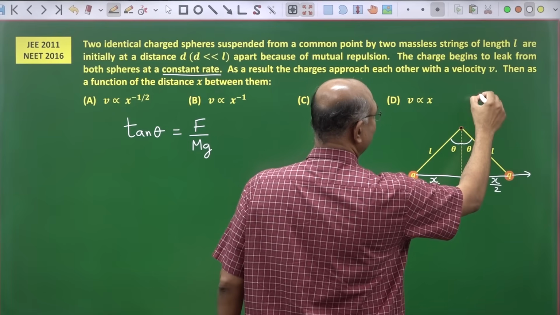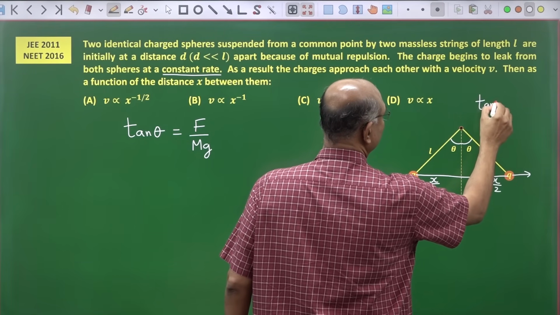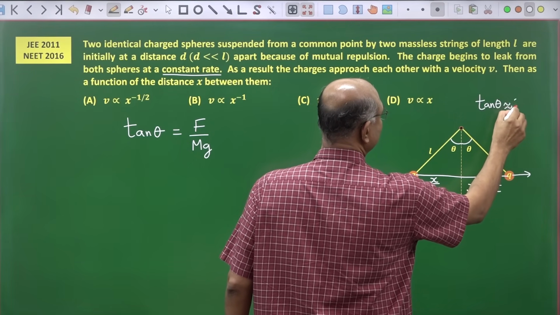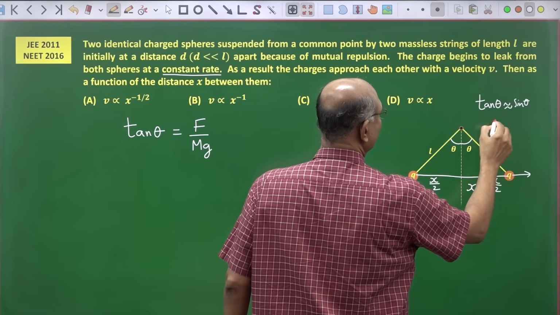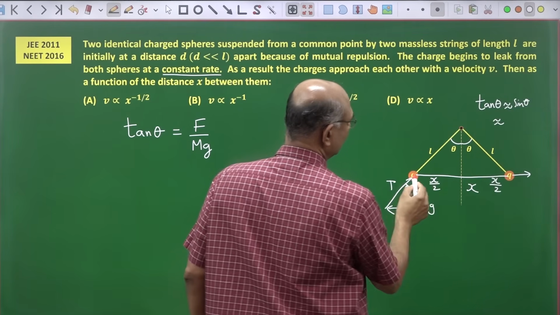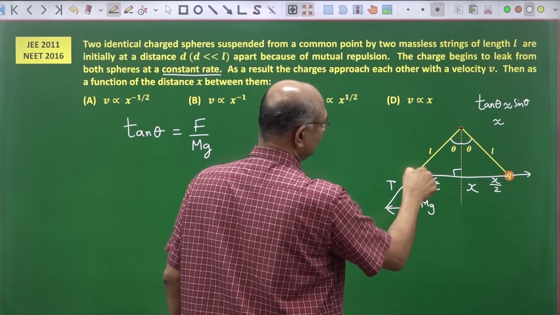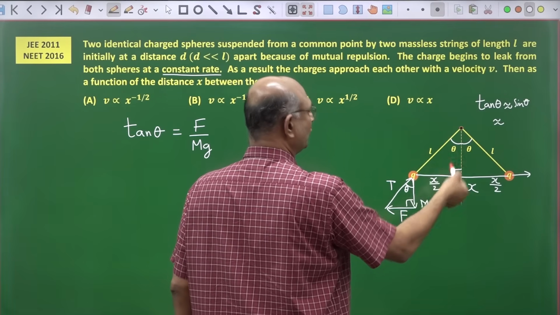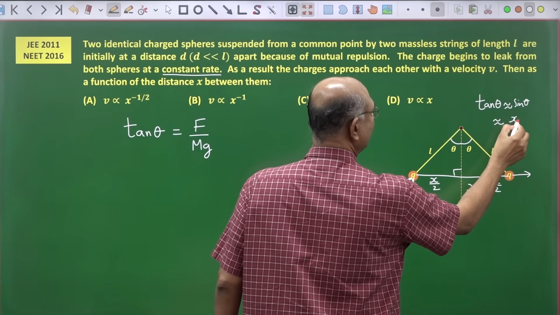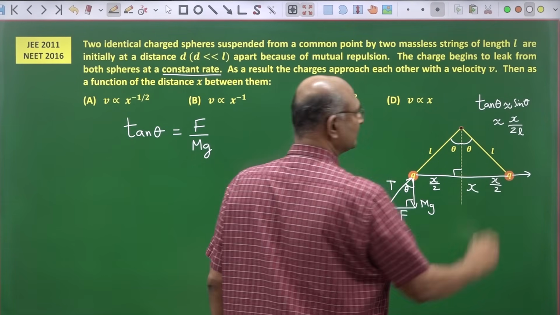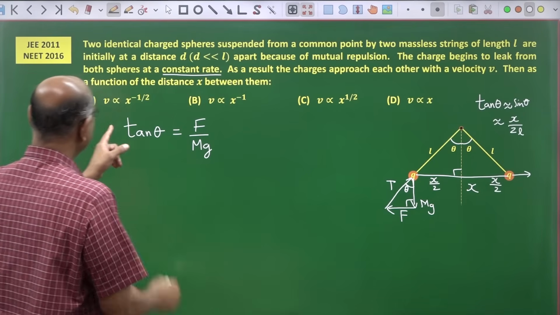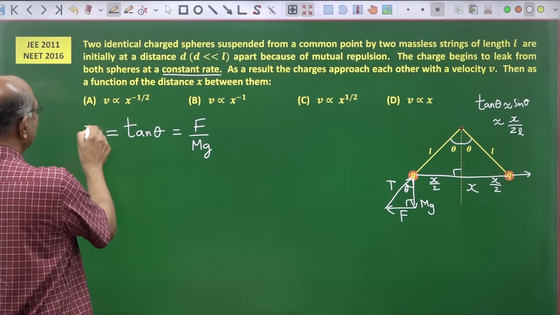So tan theta is approximately sin theta, which is how much? Well, think about this. This is a right angle. So opposite by hypotenuse, x by 2 by L. So x by 2L. So that is tan theta. So I can then say this is x by 2L.